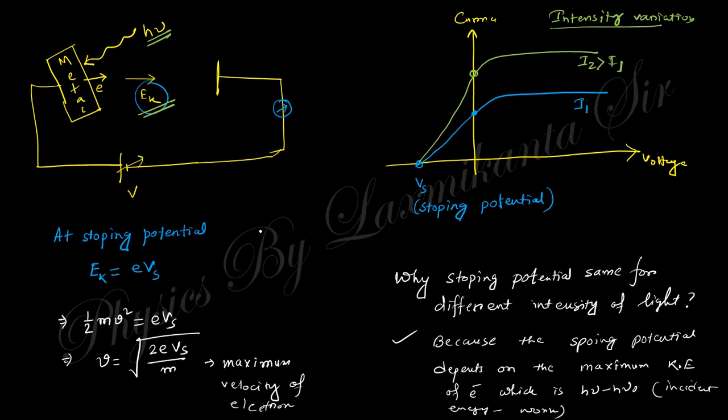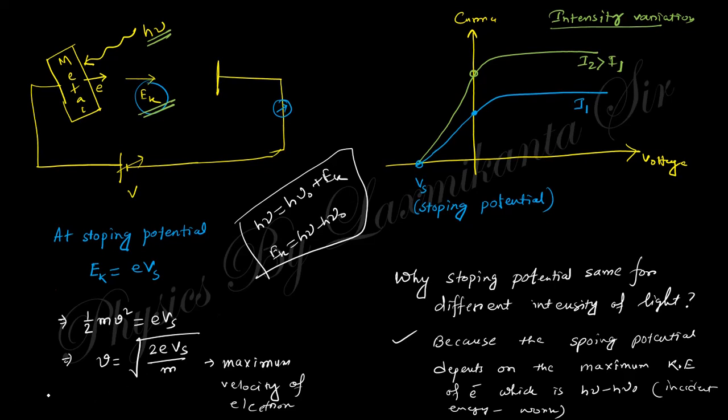The total equation you remember: h nu equals h nu naught plus Ek. So Ek equals h nu minus h nu naught. Since h nu is constant, Ek is constant, that's why the stopping potential will be constant. So with intensity variation, the curve will be like that. I think it is clear about the intensity variation.